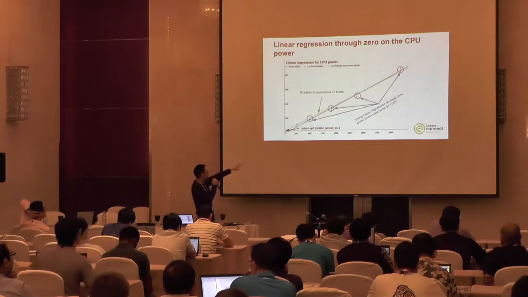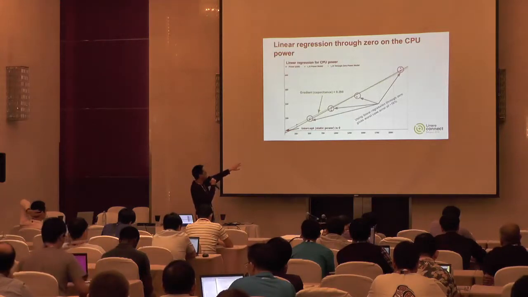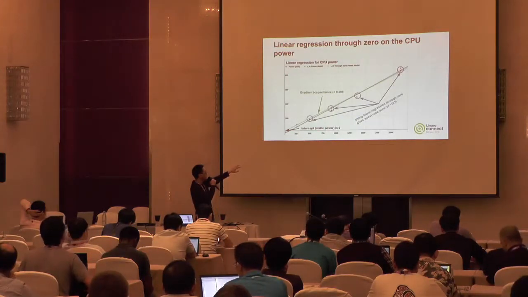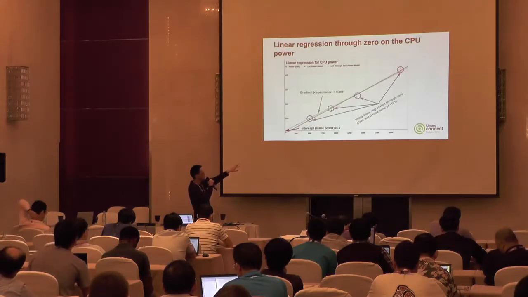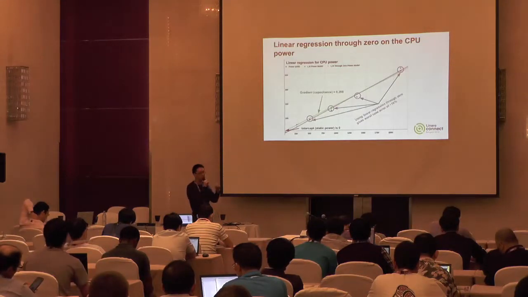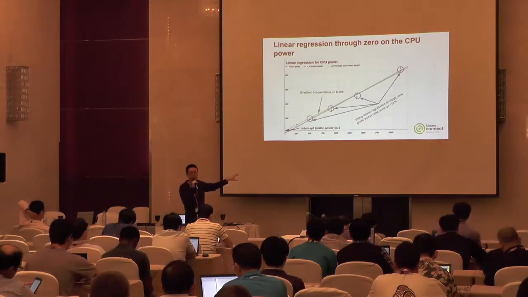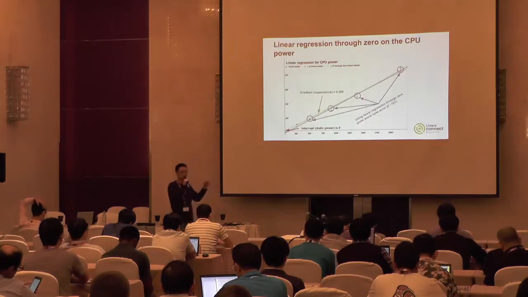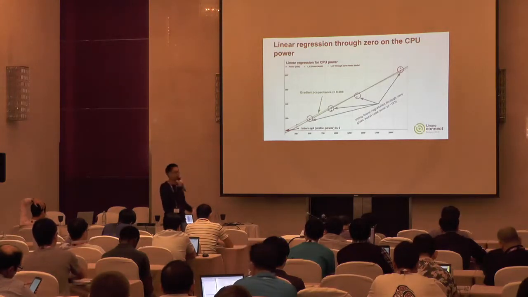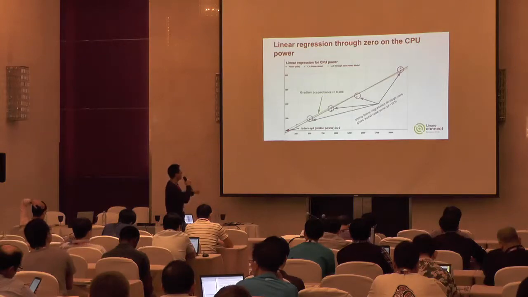But with the linear regression through 0, it gives a worst case error of about 10% compared with the real measured power data. So we think that it does not introduce very huge errors here. So we use this way.